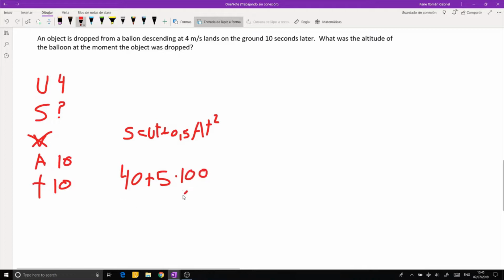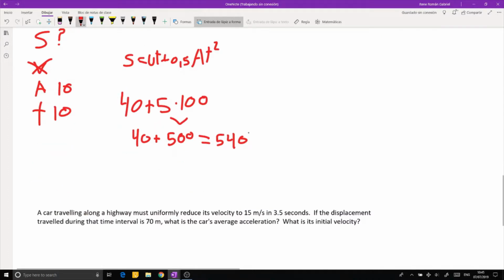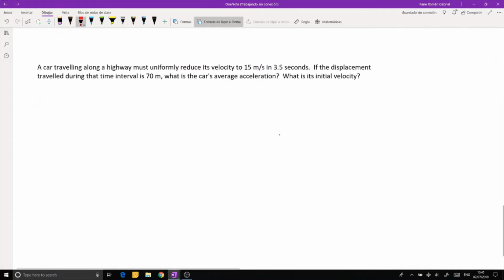So these two would give us 500. 40 plus 500 is 540. So then this would be in meters, because they ask us for distance. So that would be our answer.